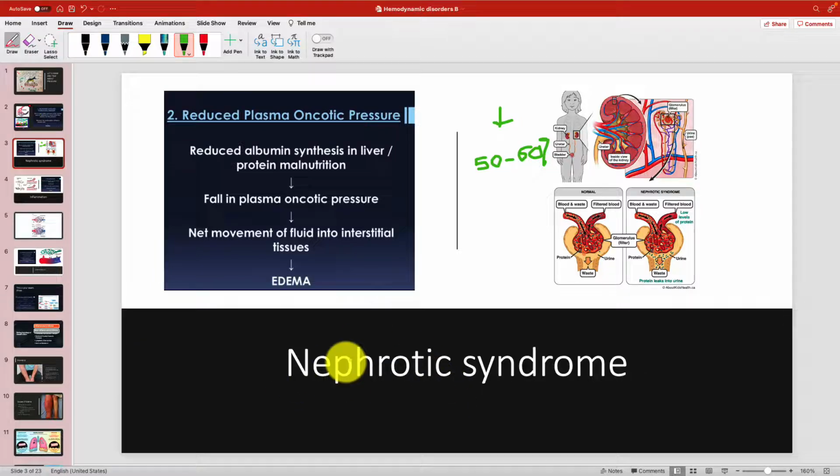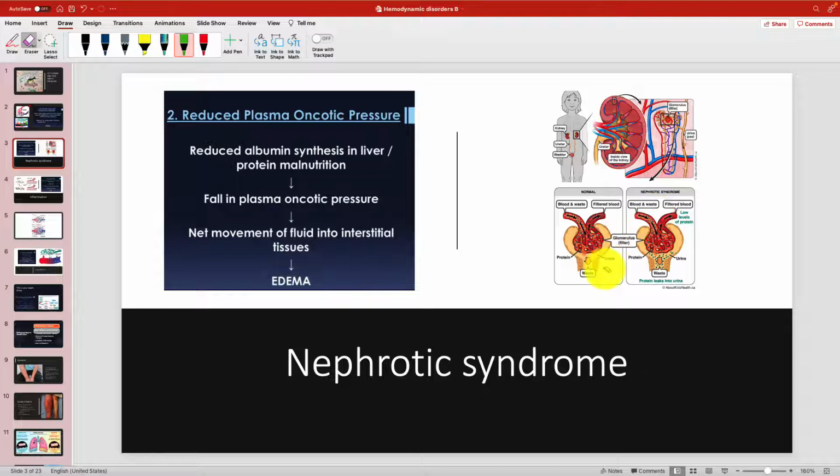And one of the major complications where we see this physiology is something called nephrotic syndrome. This is the most common and important disease that occurs as a result of loss of oncotic pressure.